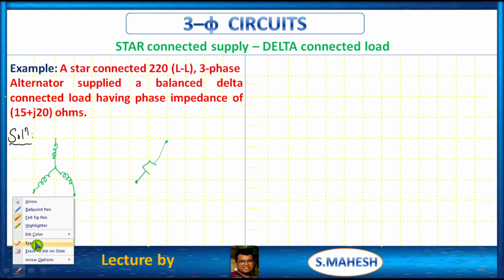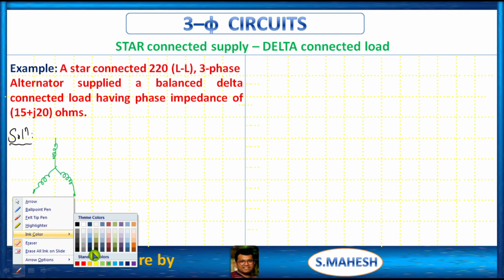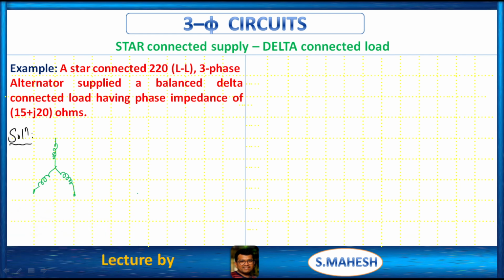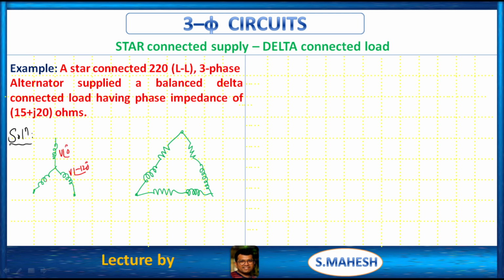Sorry, before that, that's it, right? This is V at an angle 0, V at an angle minus 120, V at an angle minus 240, right?